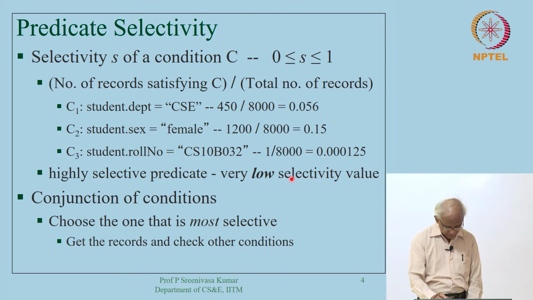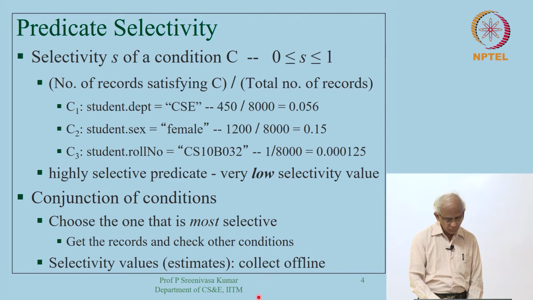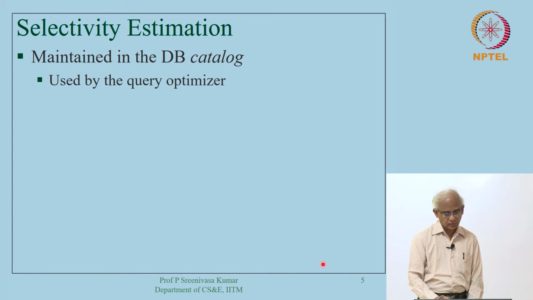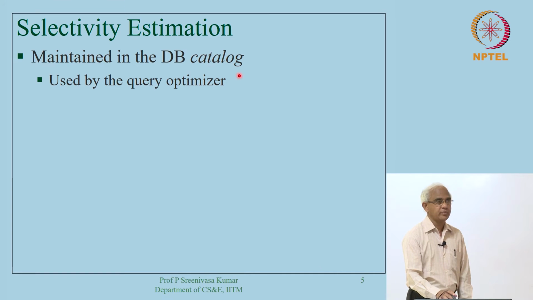So, how do we get these selectivity values? These are some additional information that we can keep track of while the system is running. While the database is under use, you can keep either selectivity values or their estimates in a place called the DB catalog.